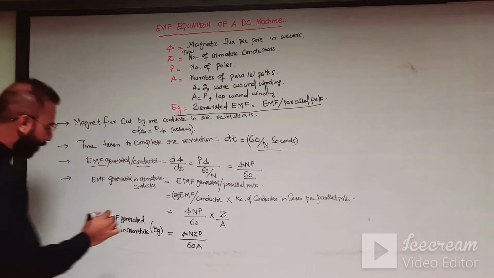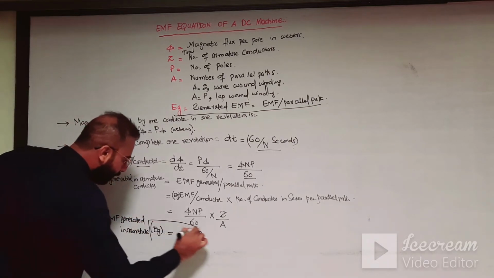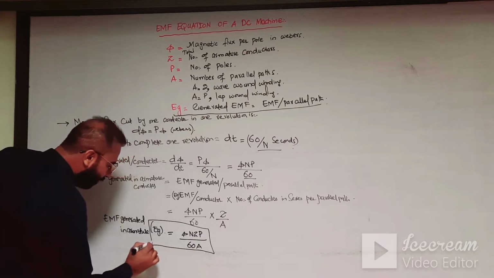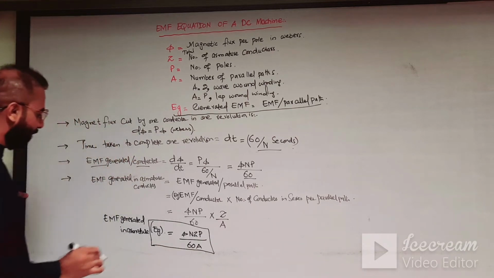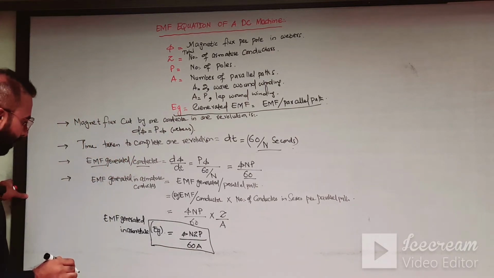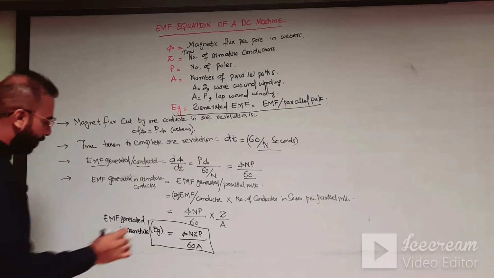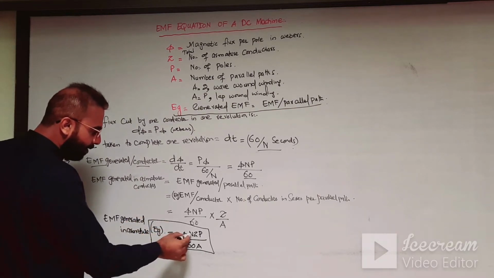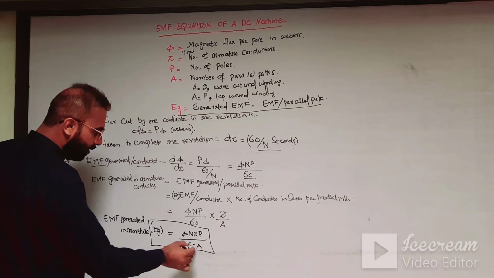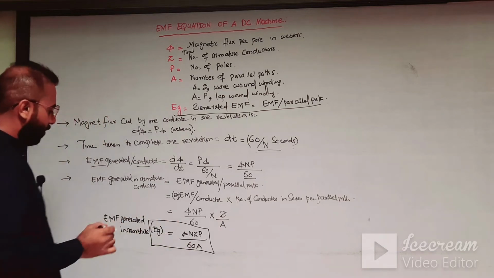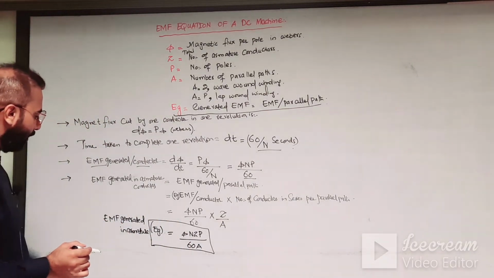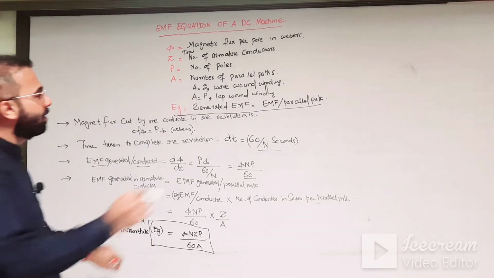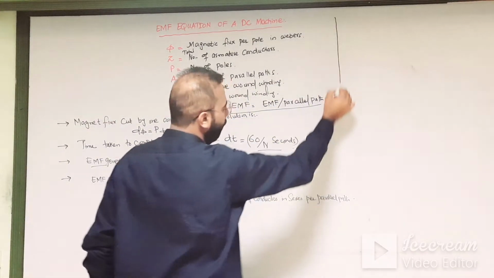So this is the final EMF equation of the DC generator. We get phi N Z P over 60A, so Eg is the generated EMF.